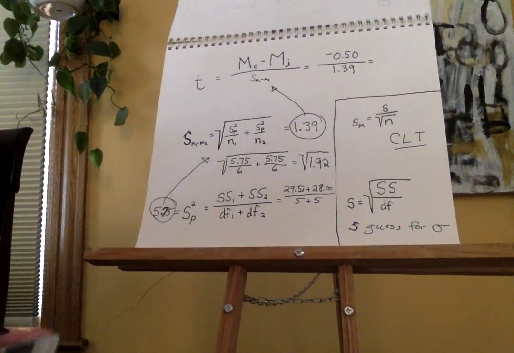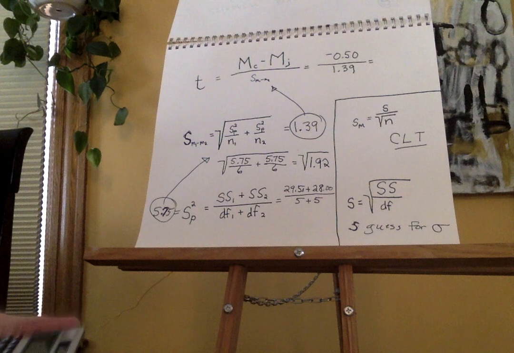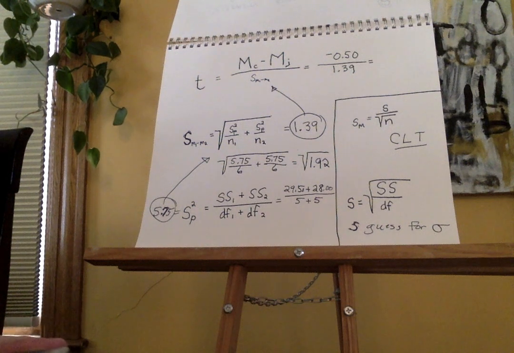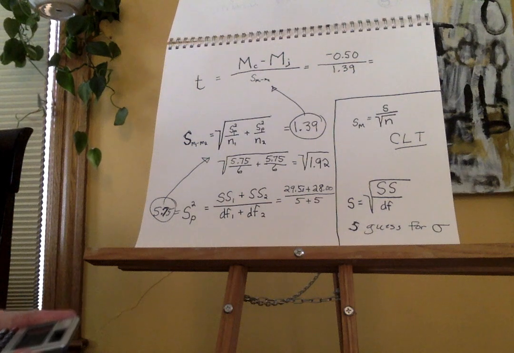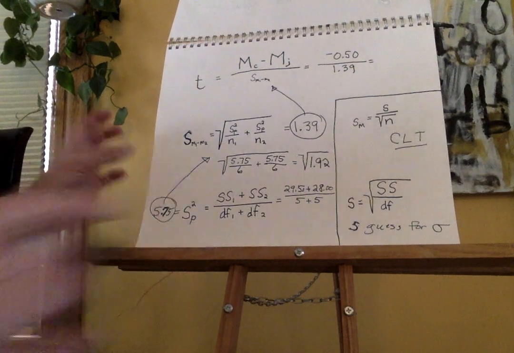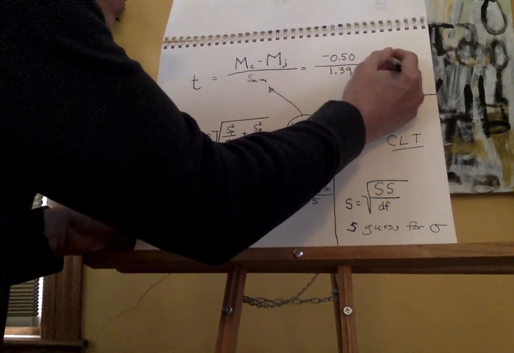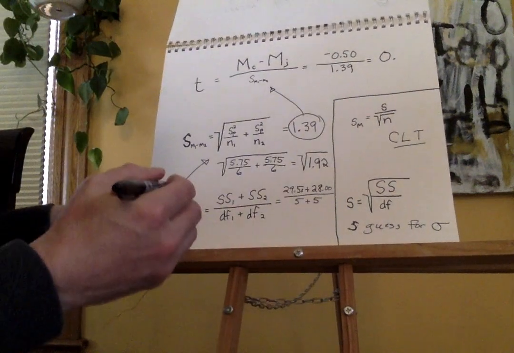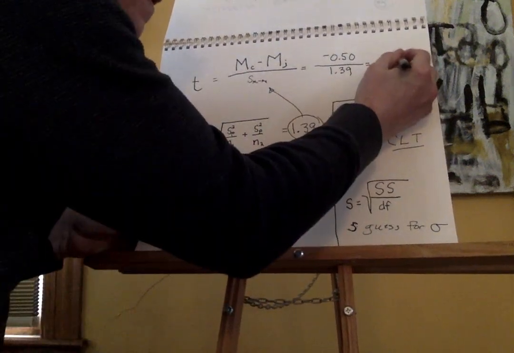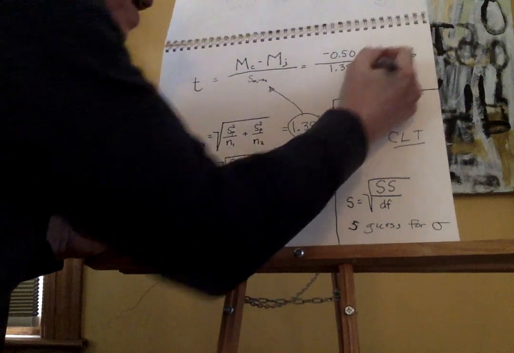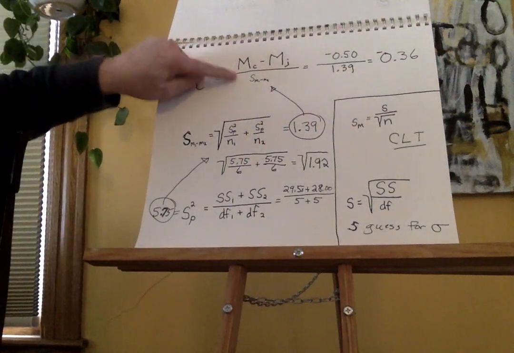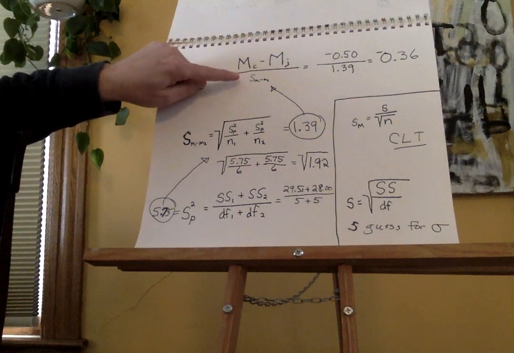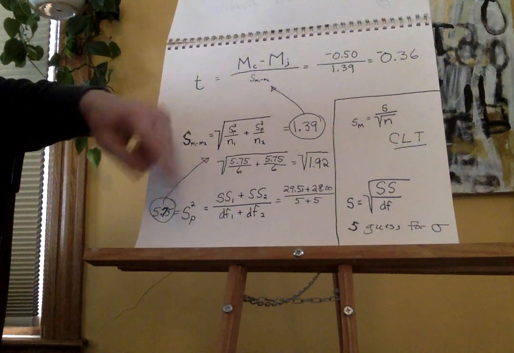Let's get it. 0.5 divided by 1.39. Okay, so our t is 0.36. That would be negative. Okay, the difference that we see is 0.36 of the variability.